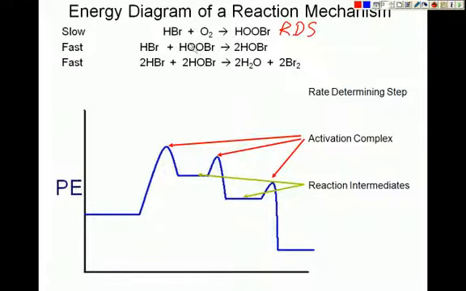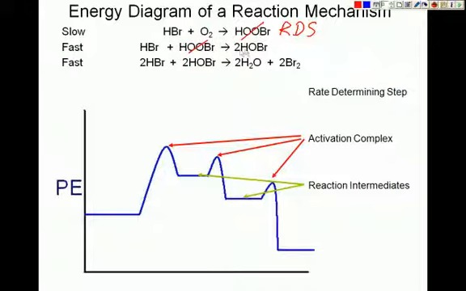So as we see here, in the first step we make HOOBr, and in the second step we use HOOBr, so it's used up as one of the reactants. So when we make our net formula, these things are going to cancel. Okay, and same with these ones.